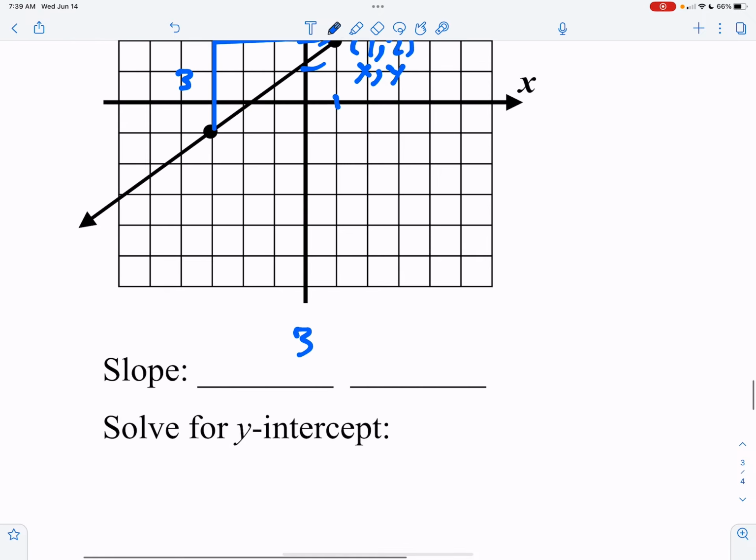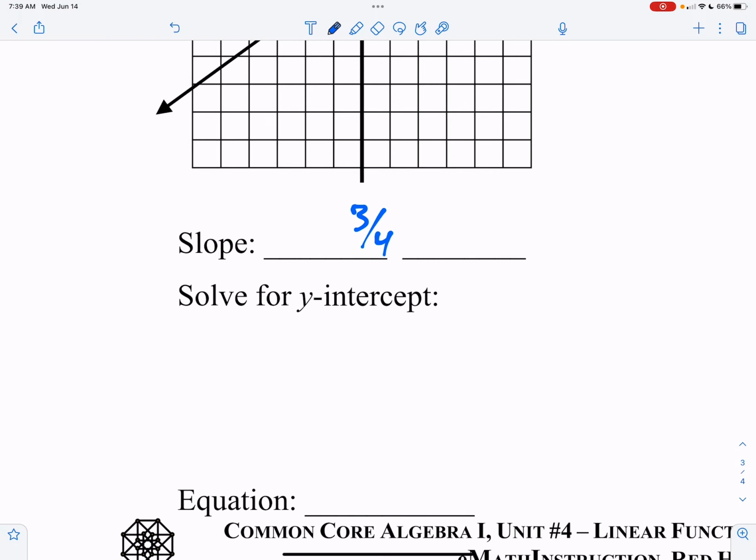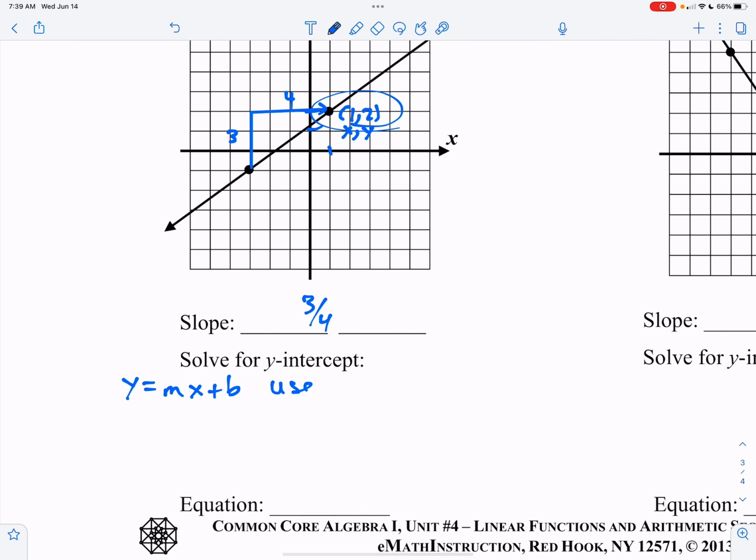So my slope is going to be 3/4. Okay, that's easy. Now, my y-intercept, here's how I'm going to find it. I'm going to take my equation, y equals mx plus b, and use the point 1, 2, where x equals 1 and y equals 2.